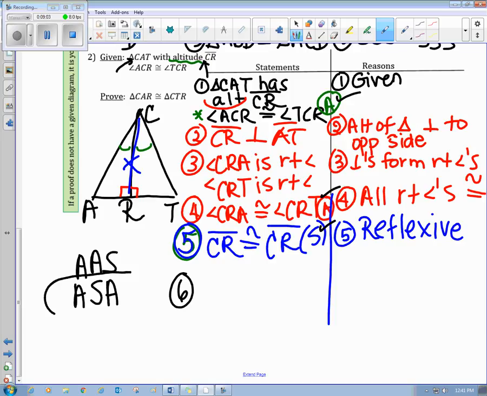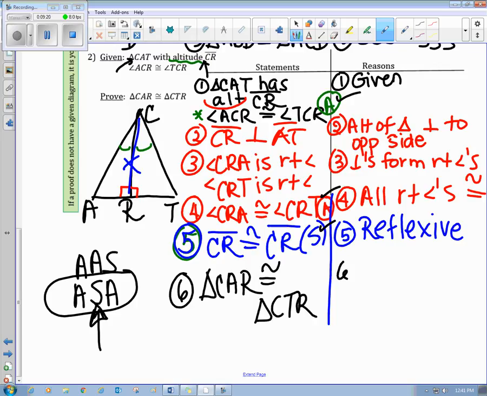And in this case, we're going to pick this choice simply because the side that we have in our picture, not in our proof, in our picture is between the 2 angles. So I can say now that triangle CAR is congruent to triangle CTR. My reason, angle, side, angle in one triangle, congruent to angle, side, angle in the other triangle.